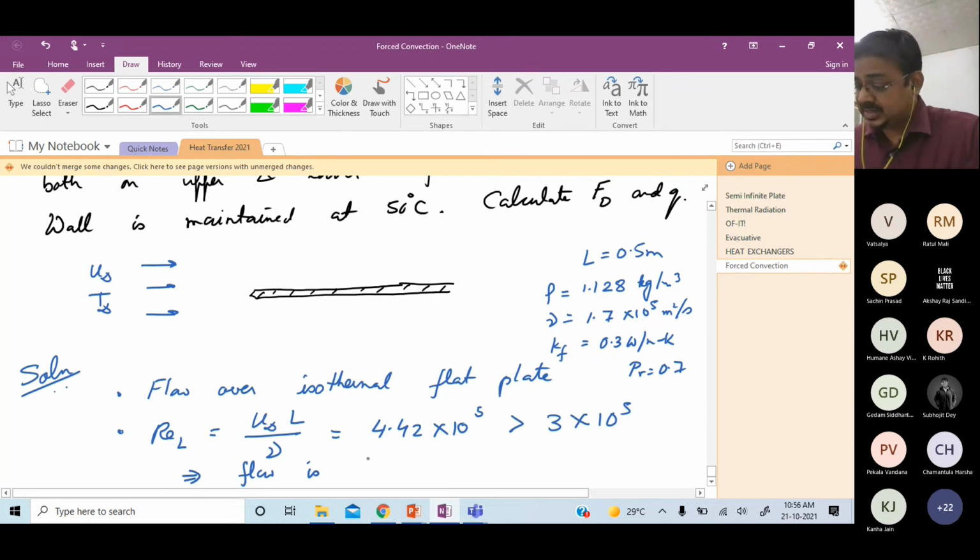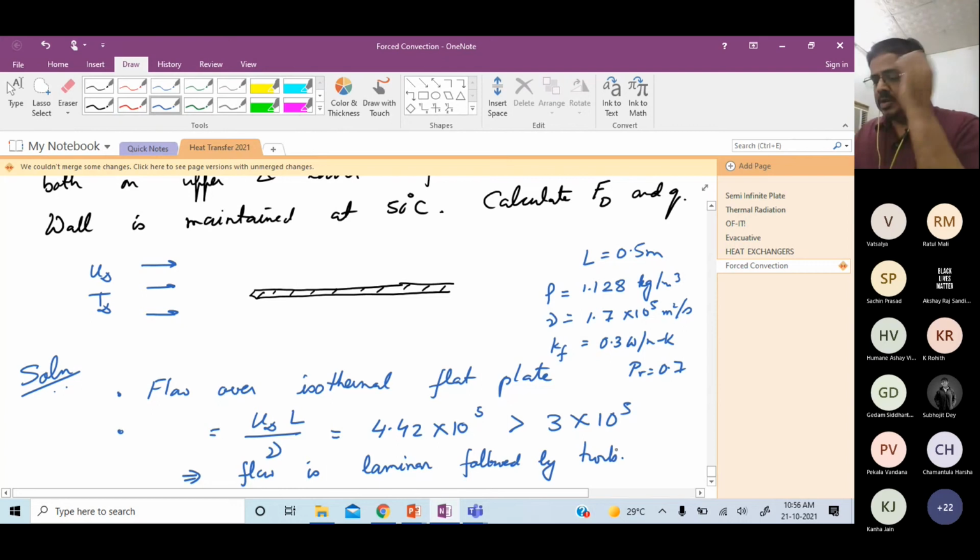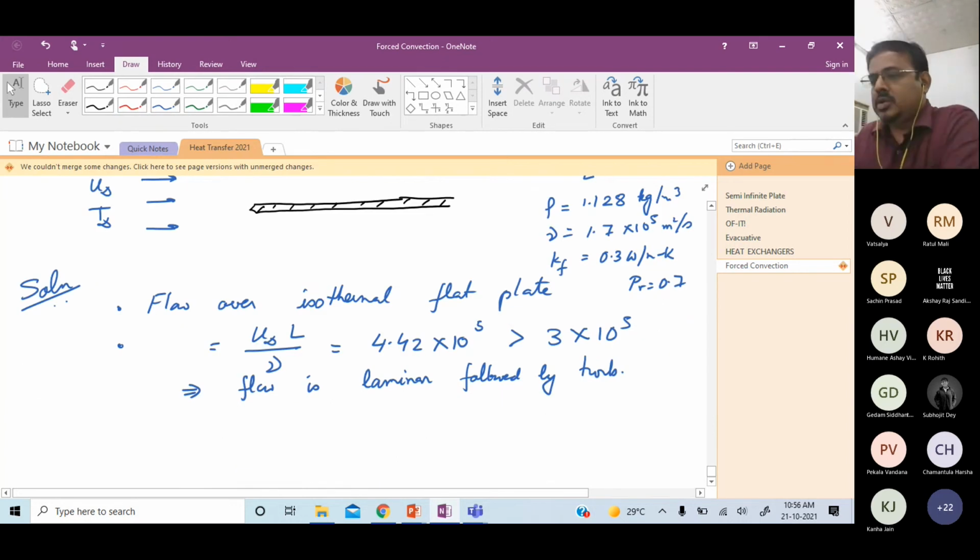I have not said that there is any turbulent or anything. So the boundary layer will be laminar followed by turbulent.